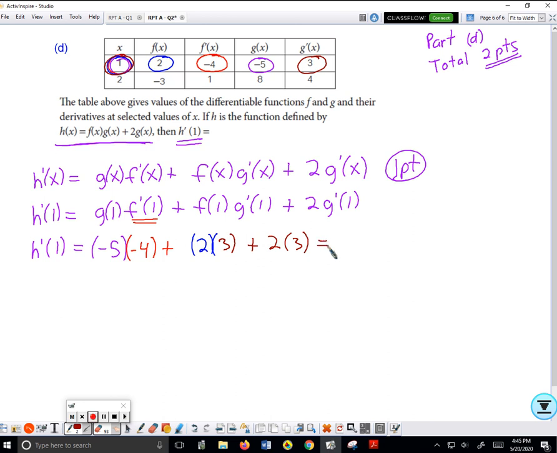And we really should stop there and collect our point, because you don't have to go any further. If you went further, it would have turned out to be 20 plus 6, which is 32.